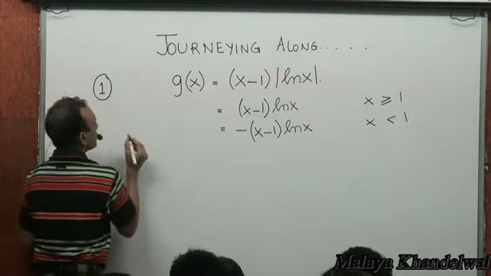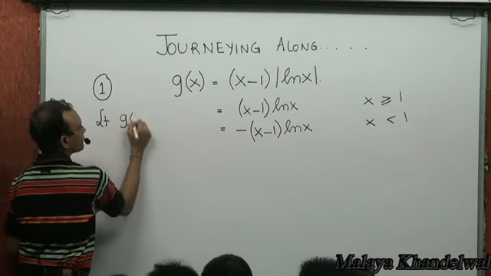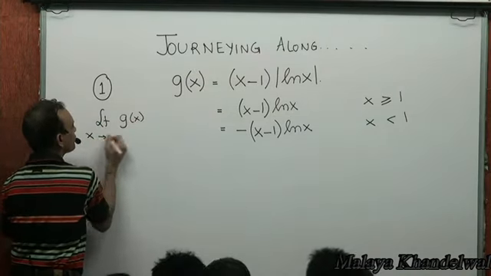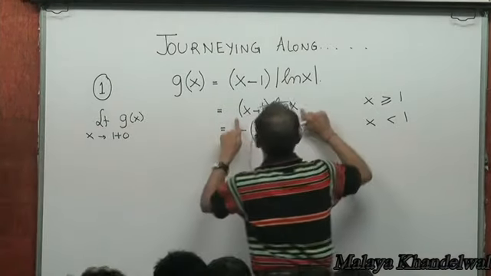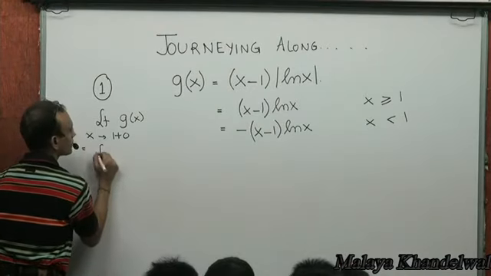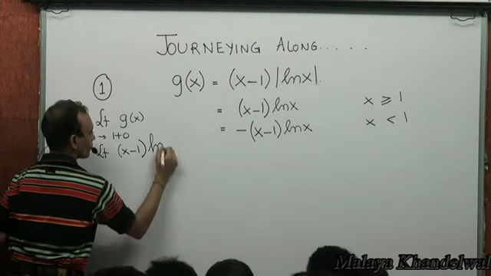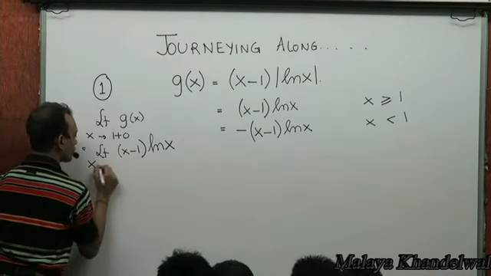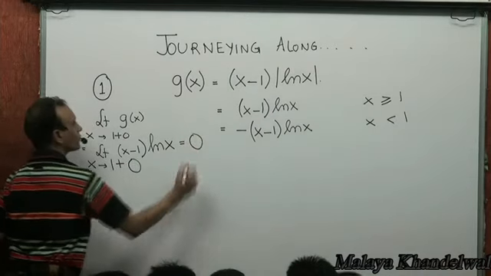And therefore, as far as continuity is concerned, limit g(x) as x tends to 1 from the greater than 1 side, the description of the function is this, which is 0, right?